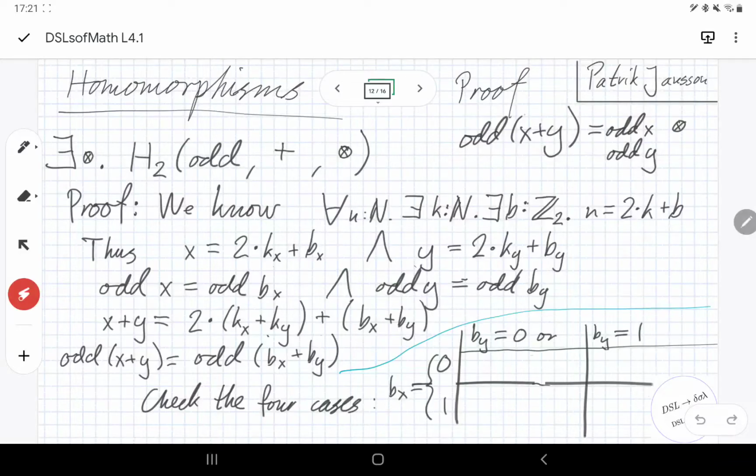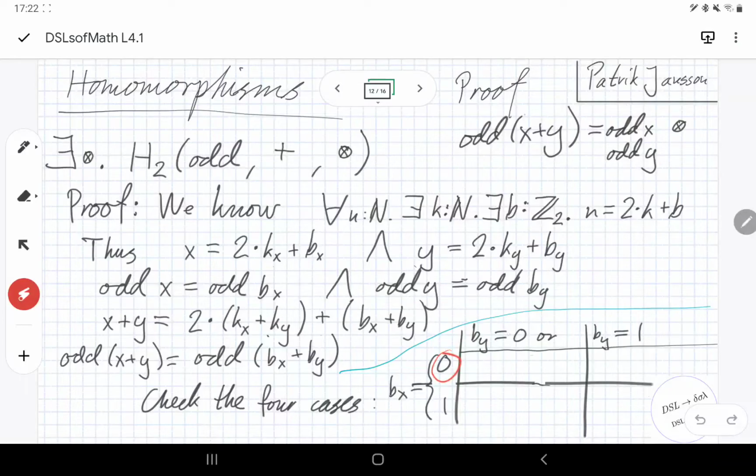Okay, what remains to prove here, as we have now reduced the left-hand side, the oddity of x plus y, to the oddity of just two numbers, each of which can have two possible values, means we only need to check four cases. So these cases are almost the same as the cases we had previously.